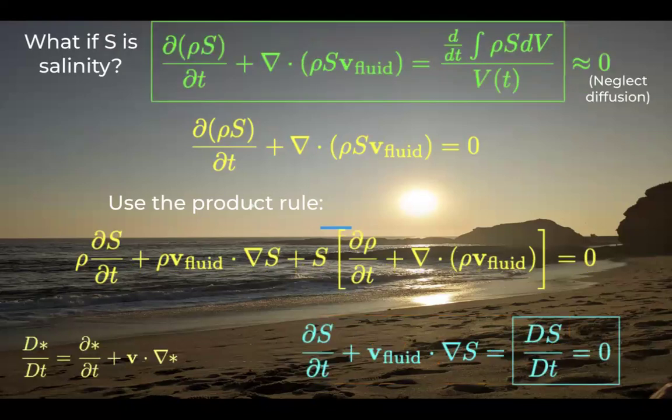And it looks a little different. It looks like this: d salinity dt plus the v fluid dot gradient salinity, or material derivative of salinity, equals 0. And that's why I brought up that material derivative in the beginning, because anything that is a mass fraction in a fluid will have an equation that looks like this.